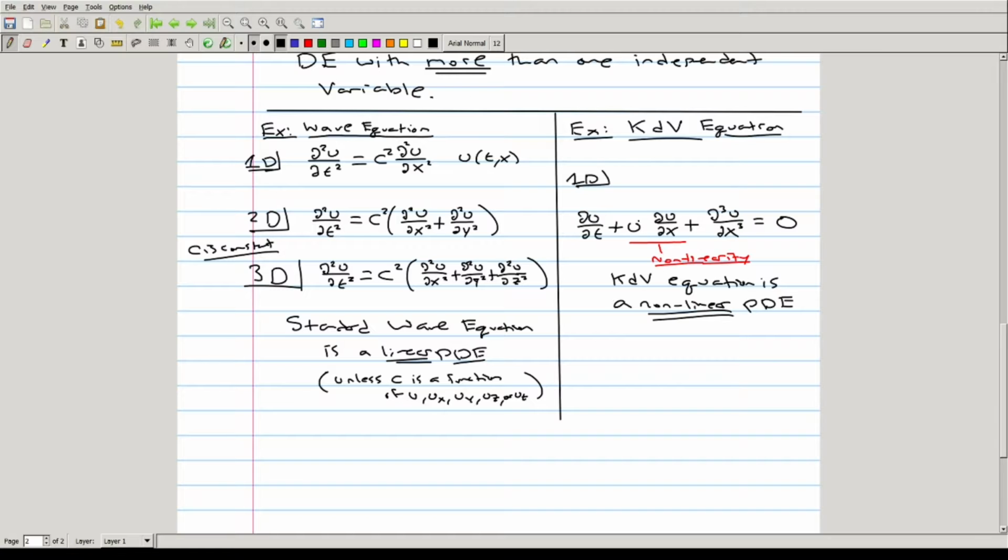But mainly, they're both technically types of wave equations. The typical wave equation is a linear wave equation, and the KdV equation is like a modified, more general nonlinear wave equation, but this describes what's called Russell's solitary wave phenomena.